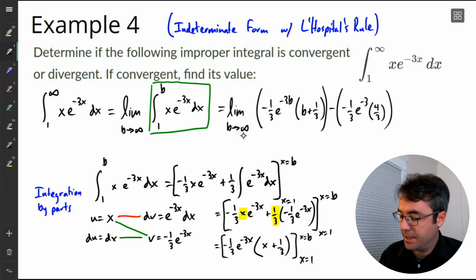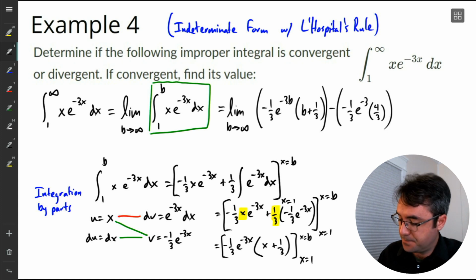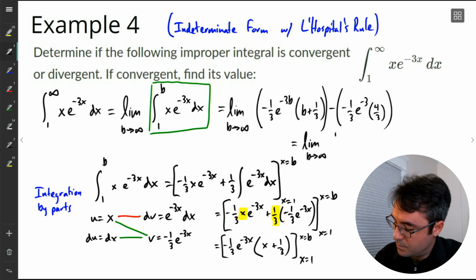And let's simplify this down a little bit. This is going to be a double negative, so it's going to become positive. And let's multiply the 1/3 with the 4/3, and we'll put it in front.